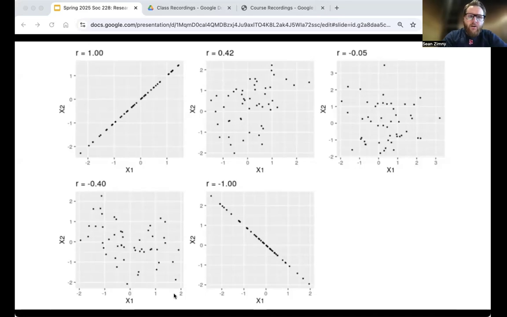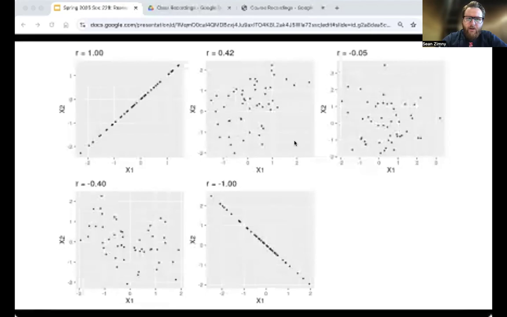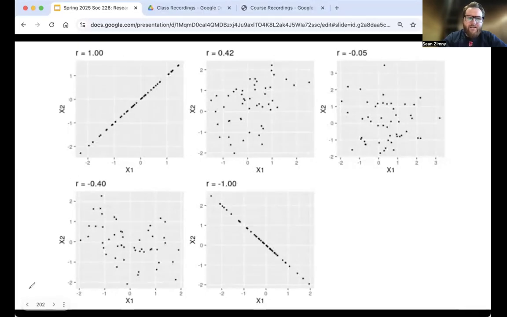So here are examples of scatter plots. I wanted to show first, let's start with positive and negative relationships. So let's first start with a positive relationship. This on the upper left here is an example of a positive relationship. It's going up, right? That's the easiest way to describe it. It's a perfectly linear positive relationship.